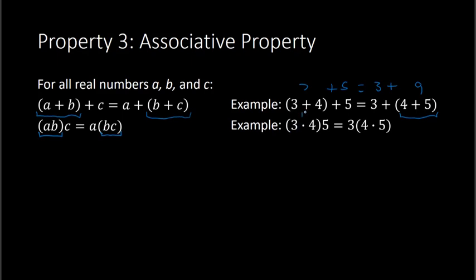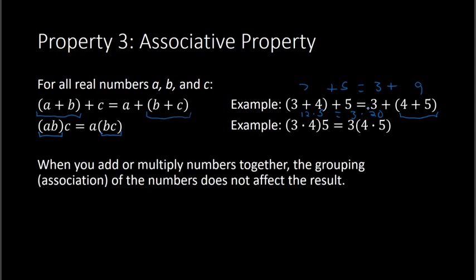That would give me 12 times 5. Or I can do the last two numbers first, 4 times 5 to get 20, and then multiply it by 3 after. Either way, I get 60 as my solution. So when I add or multiply numbers together, the grouping or the association of the numbers does not affect the result.